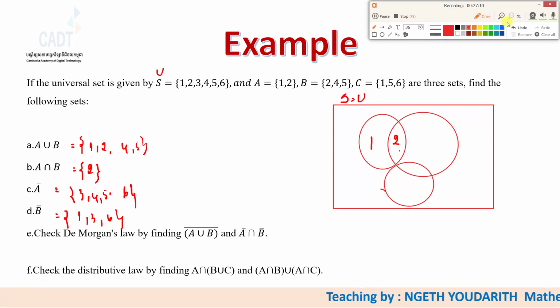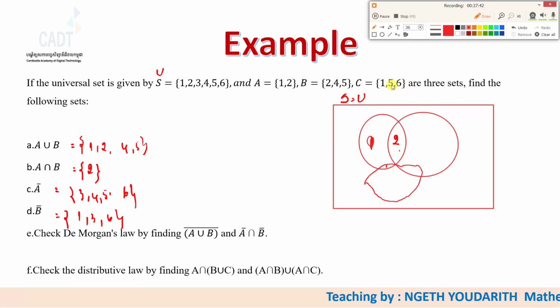Sorry, this one maybe I just draw on the hand. This one, yeah. A and C is 1. So 1 I put here.